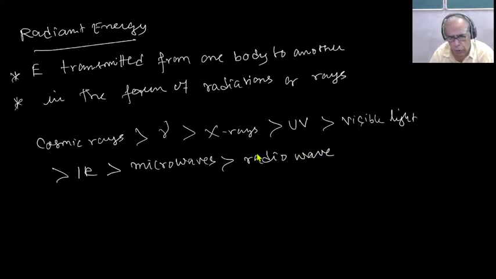So you should note down this descending order of radiation energy, then microwaves, radio waves, and finally the heat waves. From this you know very well cosmic rays have the highest radiant energy.